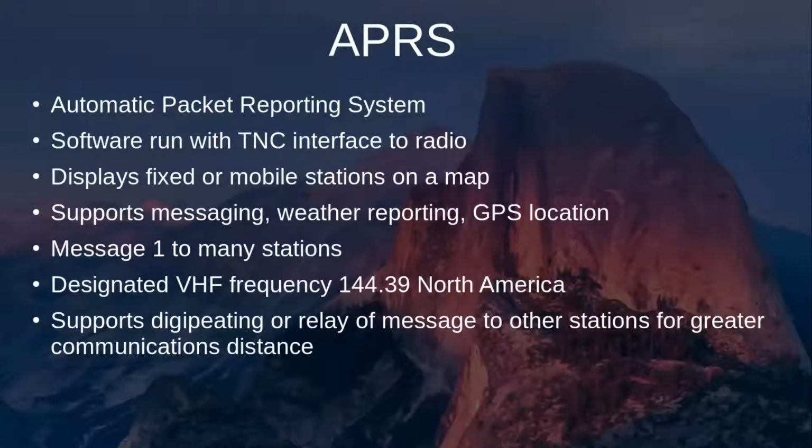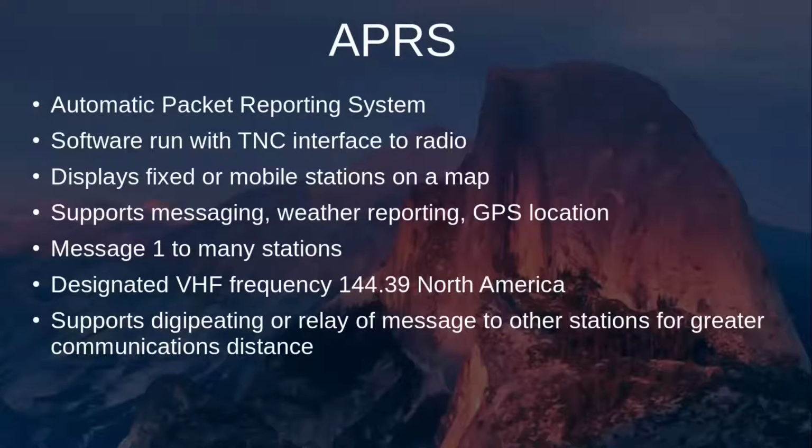APRS, or the Automatic Packet Reporting System, is essentially packet radio on steroids. It has the benefit of packet radio and being associated with the TNC, and some radios actually have the TNC built into them, as well as handheld transceivers may actually have a terminal node controller built into the radio itself.